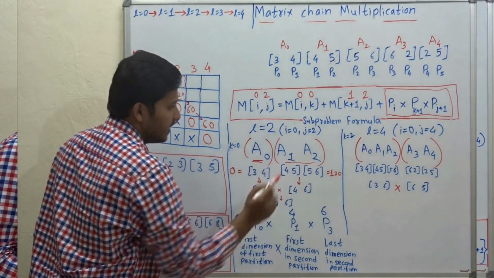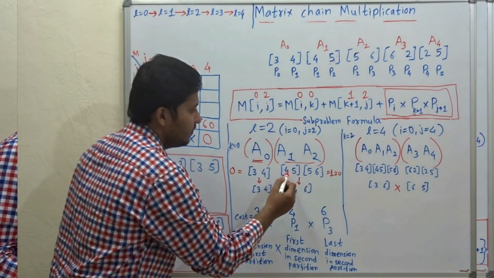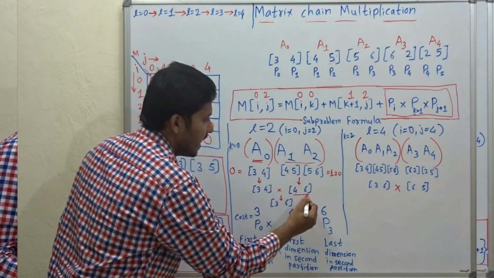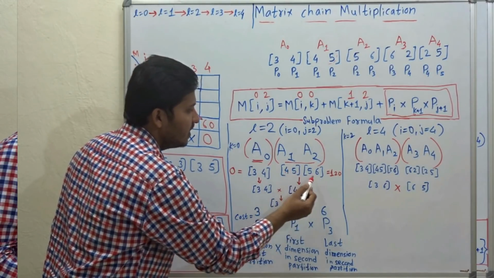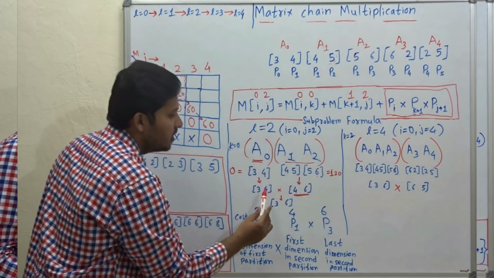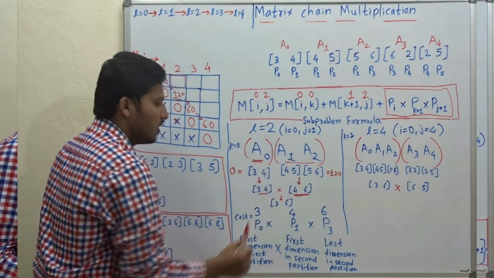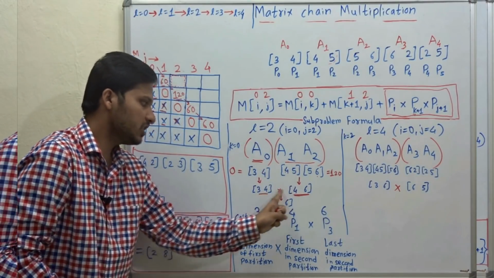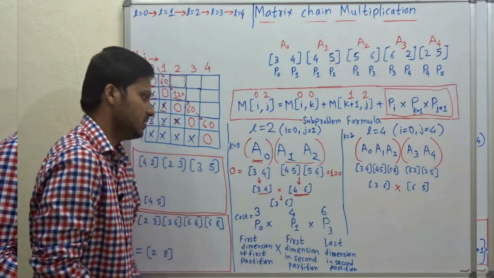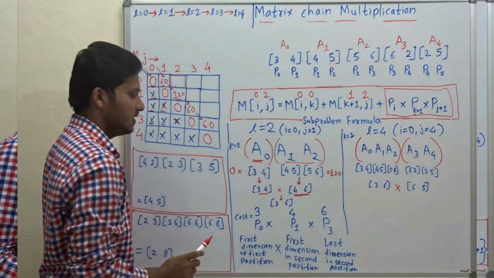Now A1, A2: if we solve this, 4 by 5 into 5 by 6, the result dimension will be 4 by 6. Now, as both brackets are solved, a final multiplication has to be performed between these two matrices of size 3 by 4 and 4 by 6.